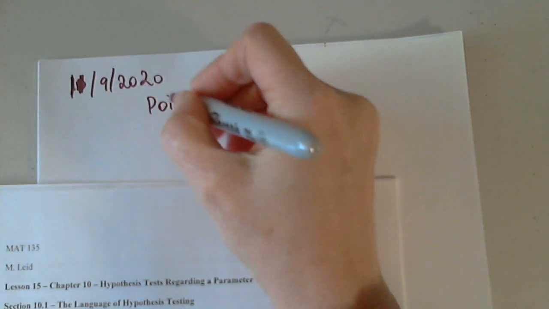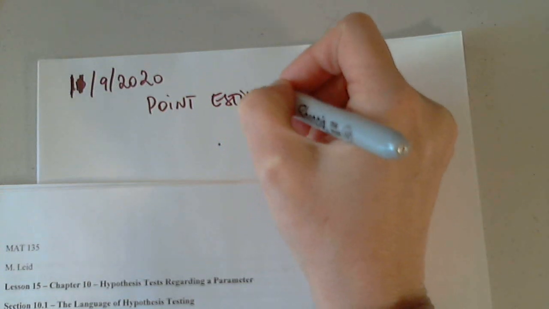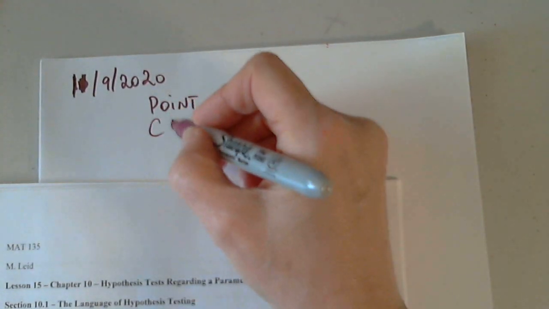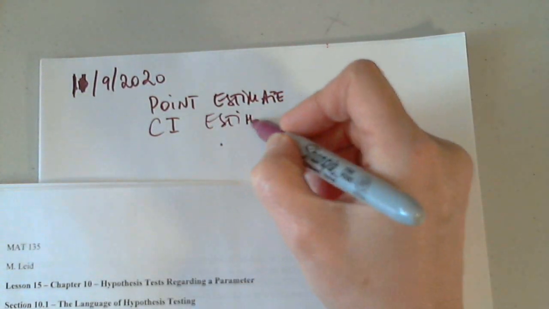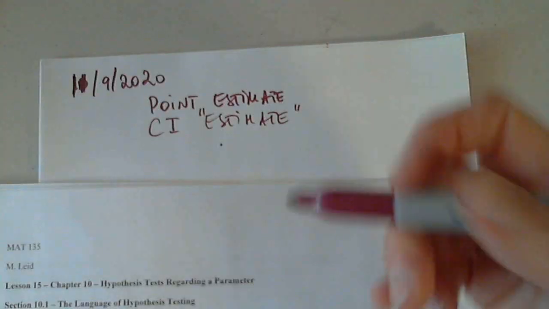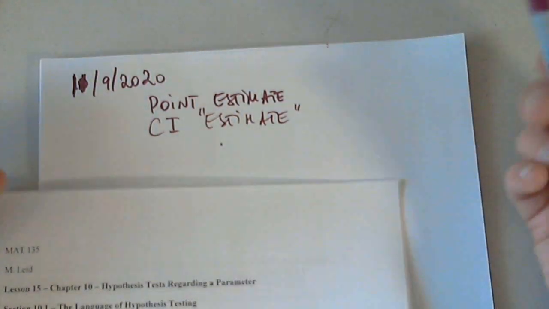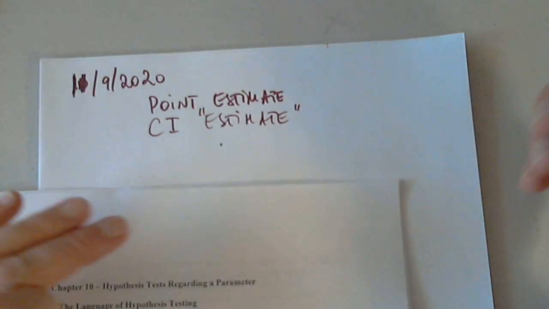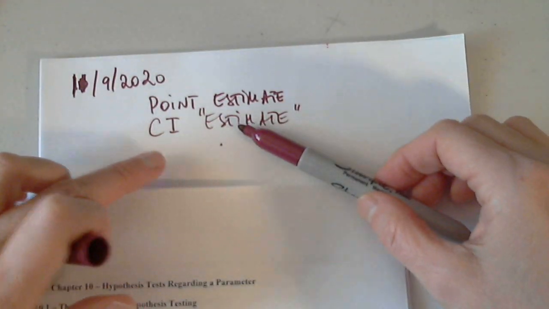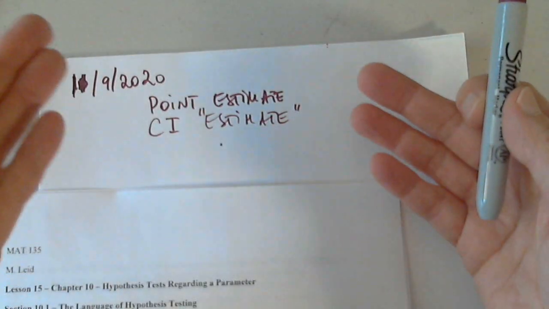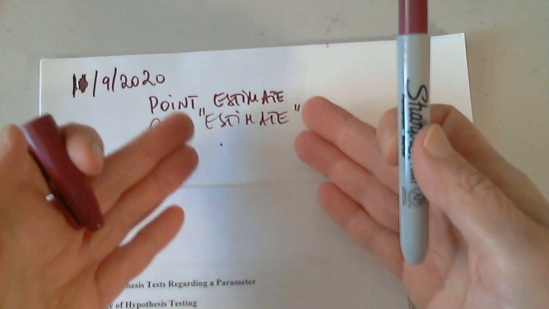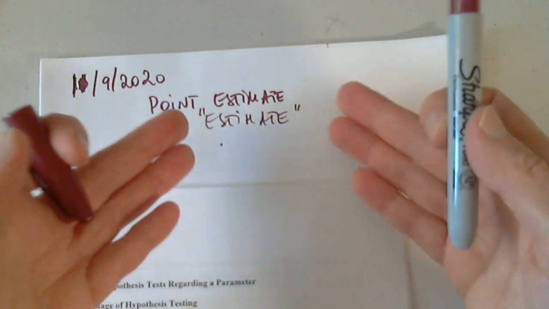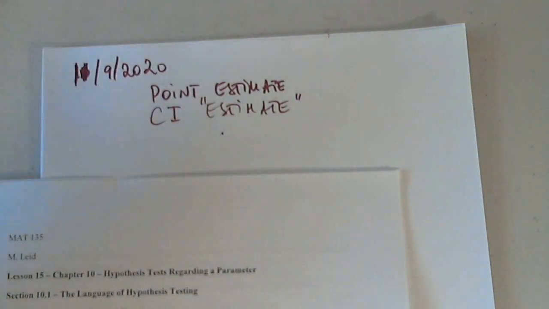We know what a point estimate is. We know what a confidence interval, which is also an estimate, is, in the sense that with 95% confidence, if it's a 95% confidence interval, we can say that if we repeat the experiment 100 times, 95 of those confidence intervals will contain the population proportion or population mean.